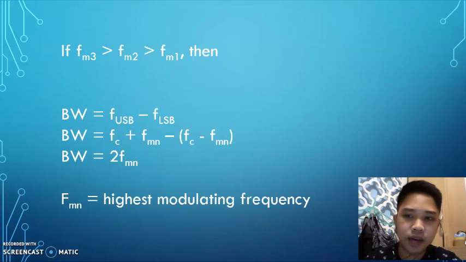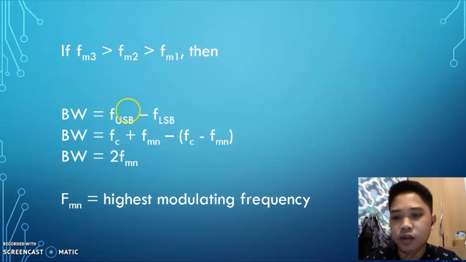If F sub M3 is greater than F sub M2 and greater than F sub M1, then when we get the bandwidth, we will use this formula: the frequency of the upper sideband minus the frequency of the lower sideband.